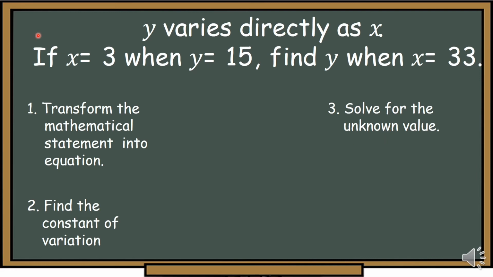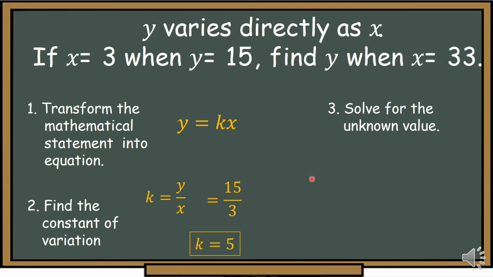Okay? And for the last one, you have to solve for the unknown value. Alright, let us start. The first step, transform the mathematical statement into an equation. Y varies directly as x. So that is y equals kx. The constant of variation is given by k equals y over x. Our y is 15 and our x is 3. So definitely this is 15 divided by 3, and the value of k now is 5.